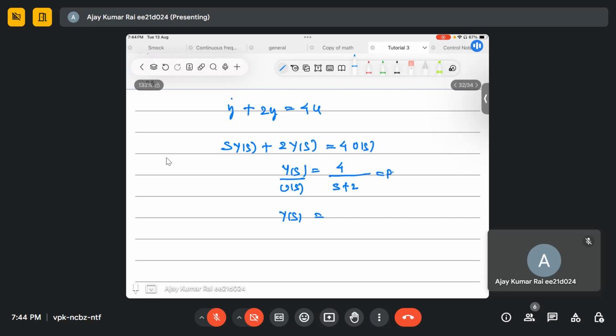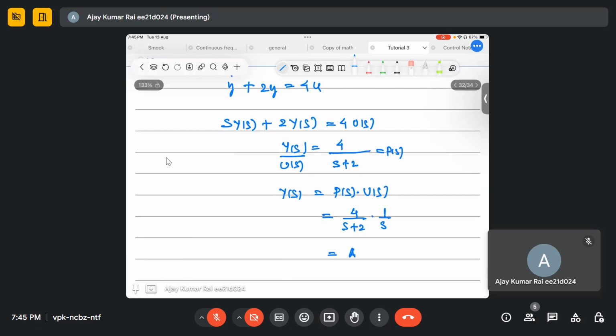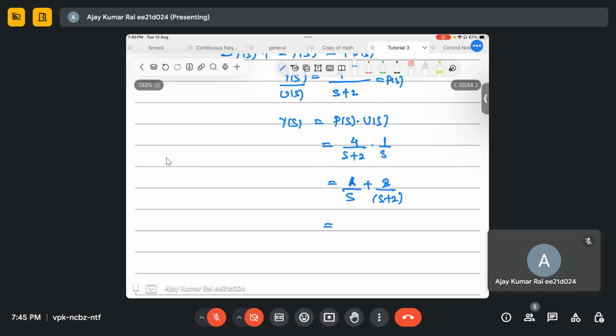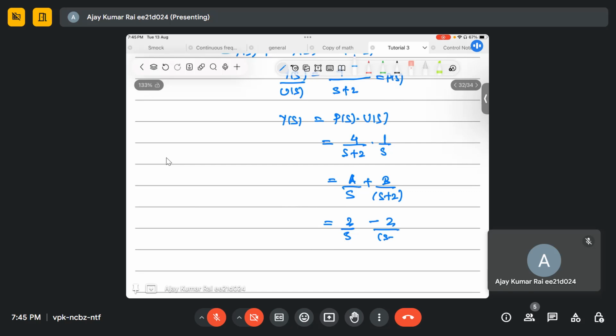So Y of s is equal to P of s into U of s, which is 4 by s plus 2. And what is U of s? Unit step, U of s is equal to 1 by s. Again, find this partial fraction with the same procedure, I'm directly writing: for s it will be 2 by s, and for s plus 2 it will be minus 2 by s plus 2.